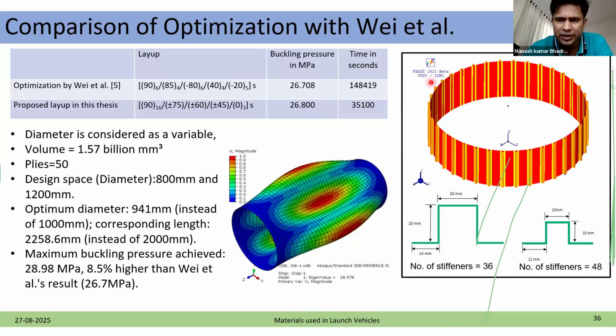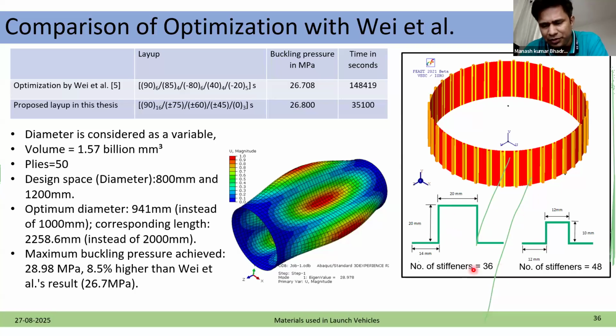One of our in-house software is Feast, finite element analysis for structures. This is a software developed by ISRO, and it supports Python scripting. We have done one optimization where the number of stiffeners is a variable, and the overall shape and size of the stiffener is another variable.